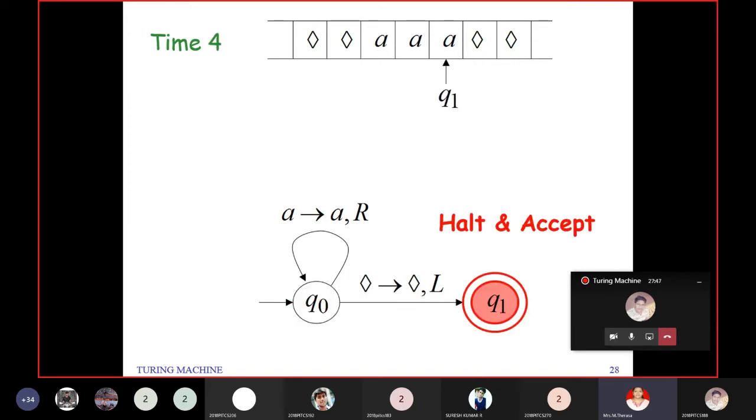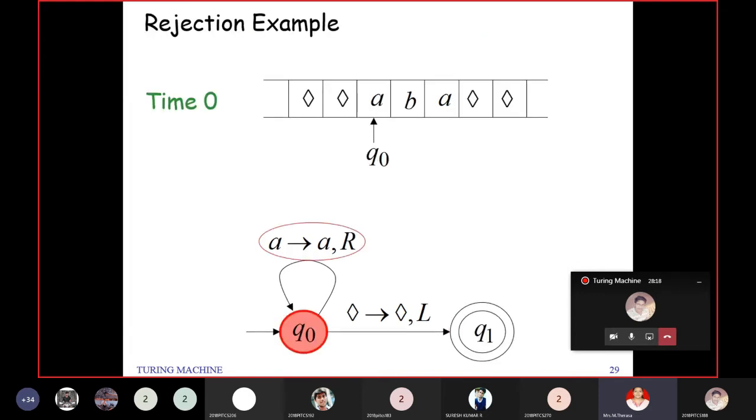The state is Q1 and the input symbol pointed to by the tape head is A, but look here, we are not at the end, we are pointing to a symbol A. We cannot say that we have completed the input string, but you are halting at Q1, and then you can say the string is accepted.